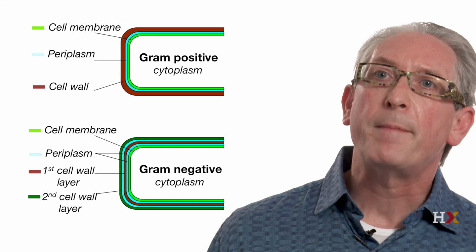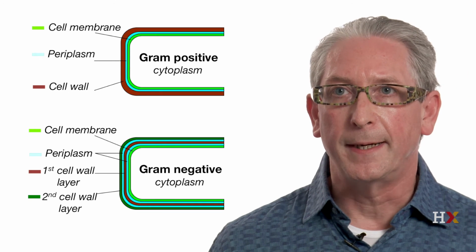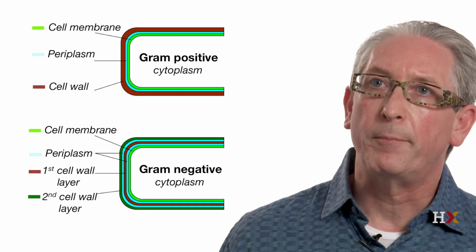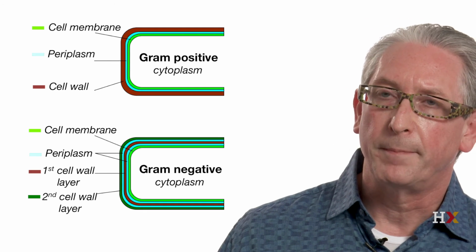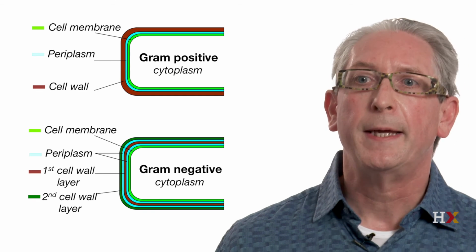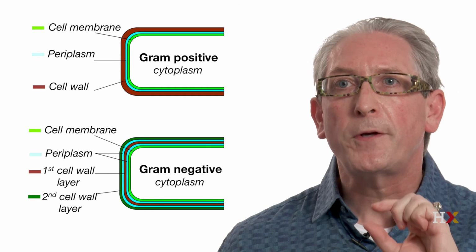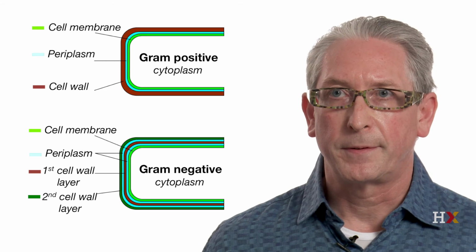Despite structural differences, both gram-positive and negative bacteria have a cell membrane that separates the cytoplasm from the periplasm. It is in this cell membrane that you find the first electron acceptors.